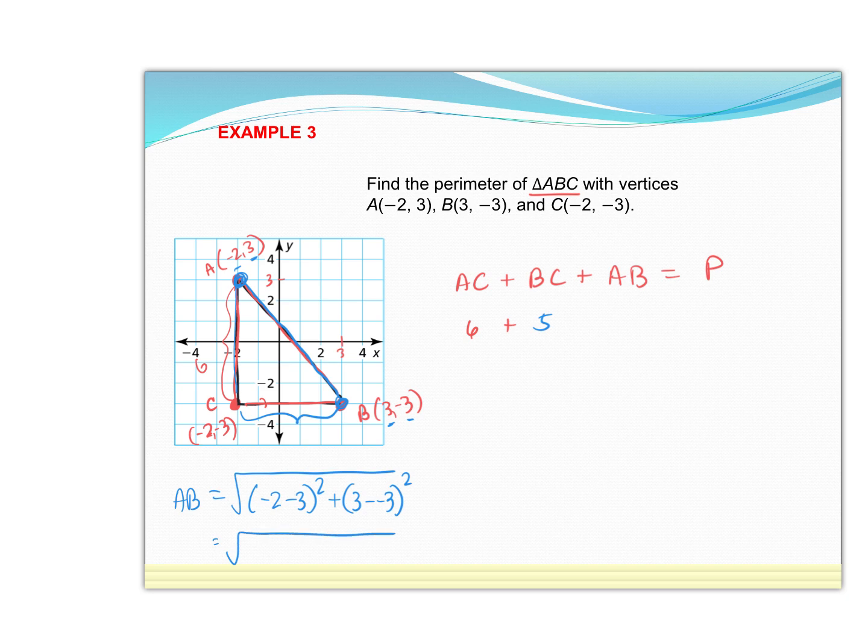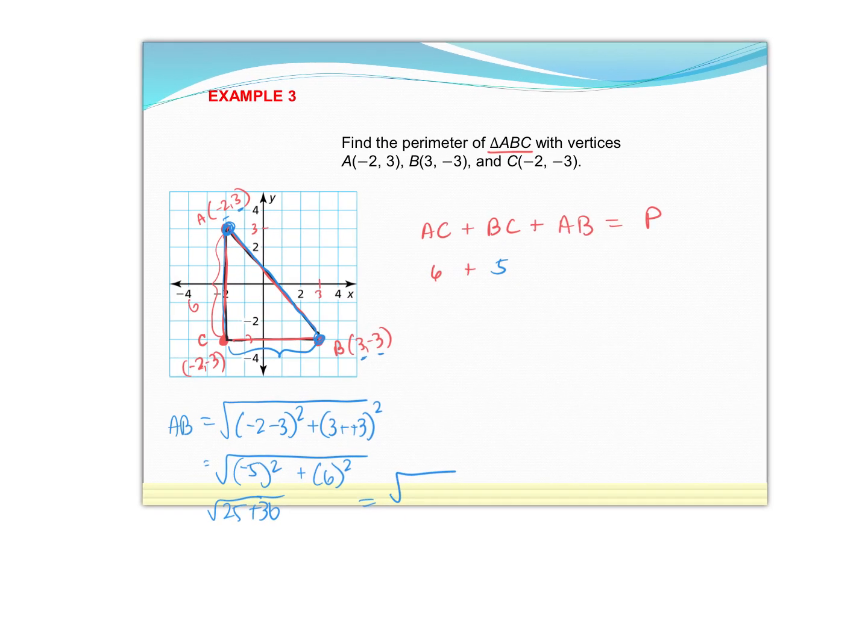So -5 squared, 6 squared. I get 25 plus 36, and that's going to give me the square root of 61. So I know that the length of AB is the square root of 61.